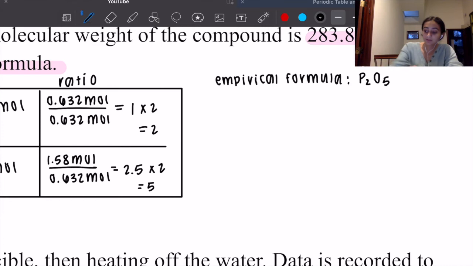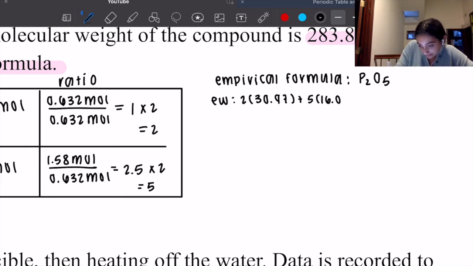So we need to find the empirical weight. So 2 times 30.97 plus 5 times 16 is 141.94 grams per mole.